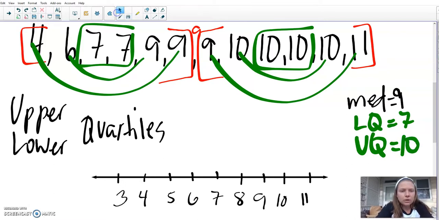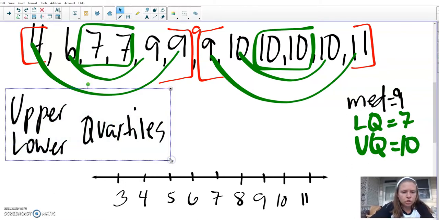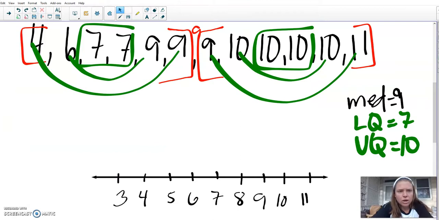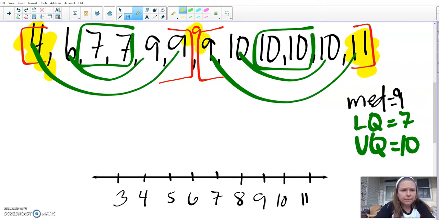The last 2 values that you need for a box and whisker plot are just the lowest value and the highest value. As you know, 4 would be the lowest, 11 would be the highest. So you should have, we need to write in a 7 right there. You should have 5 important values marked in your data.